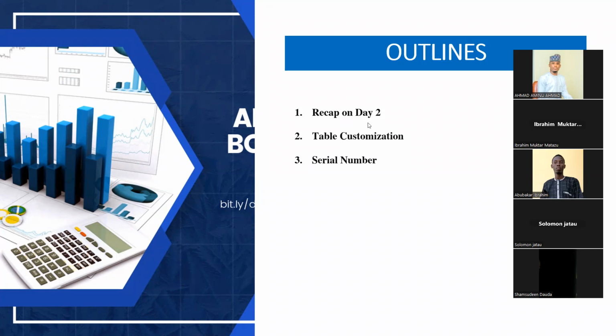It has to do with changing the font style, the font size, and arranging the alignment of the text in the table. That's what the customization of a table is all about. So please take note of this. When we talk about any table customization, that's what we are talking about. So that's what you will learn.